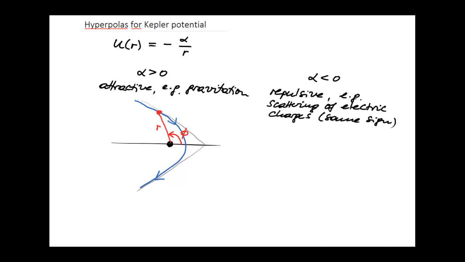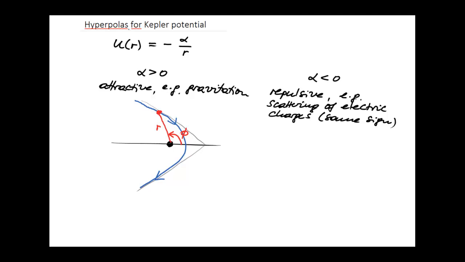Note that this phi is not identical to the phi that we used earlier in this experimental setup. There we used phi to denote the angle around the beam axis. Here it's a different phi. It's the phi that we used in the solution of the Kepler problem in polar coordinates.